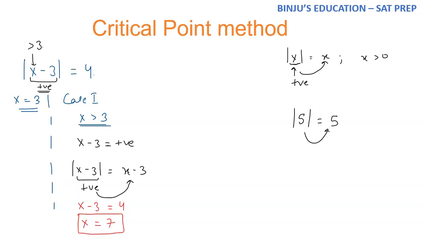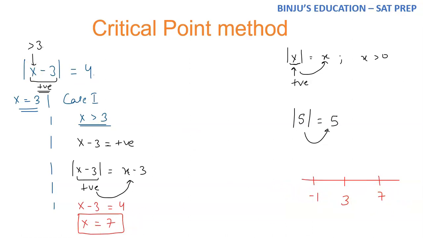So let me write the distance concept here. Mod of x minus 3 is equal to 4. That means the distance between x and 3 is equal to 4 units. So put 3 somewhere here. Looking for two numbers which are at a distance of 4: one is 7 and another is minus 1.